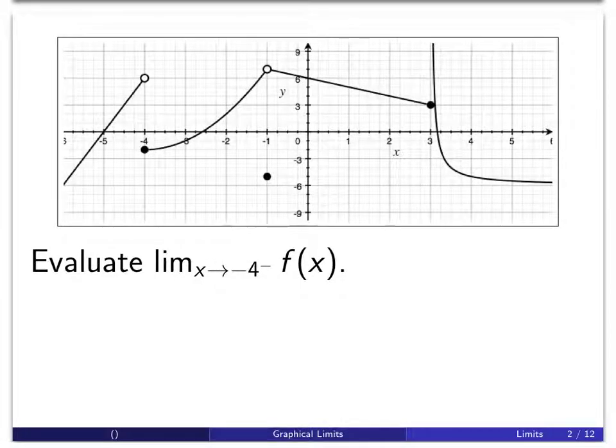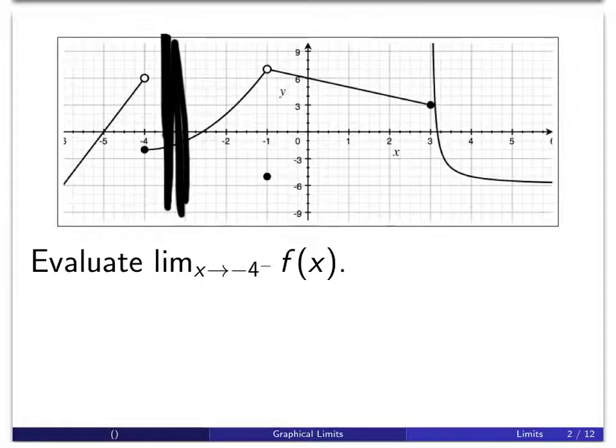For our next example, we're going to see what happens as we approach -4 once again, but this time we're going to do it from the minus, from the left. So as we did before, we could scribble out everything to the right of -4, and limits don't let us find out what's happening at that number. We could even scribble out what happens right at -4.